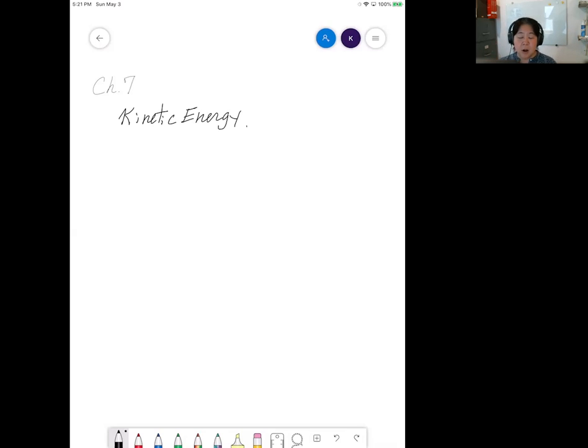Remember, in mechanical energy, there are two kinds of mechanical energy. One is potential energy, the one that we defined in an earlier video. And then there's another kind of energy, kinetic energy. From the naming, you can imagine that any moving object possesses some kind of energy, and that's the kinetic energy. So kinetic energy is the energy of motion.